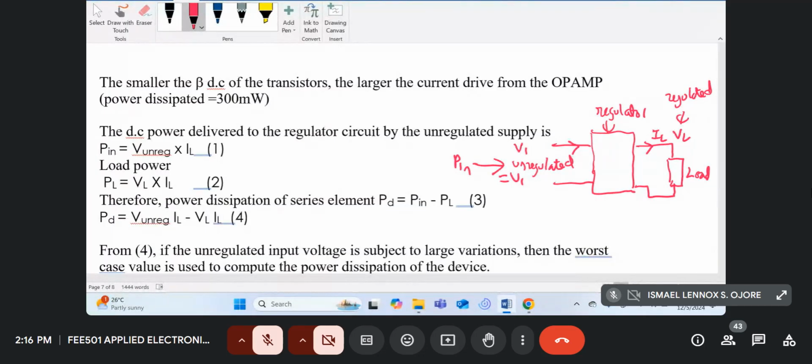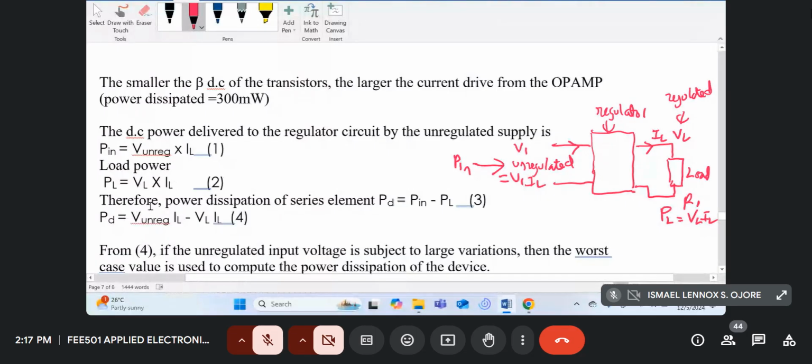So Pin would be V1 into IL, and power going to the load will be VL IL. So I've just written it here on the left-hand side. Pin is unregulated voltage times the load current, and the power to the load, we're calling it PL, would be the regulated voltage, which is your VL, into IL.